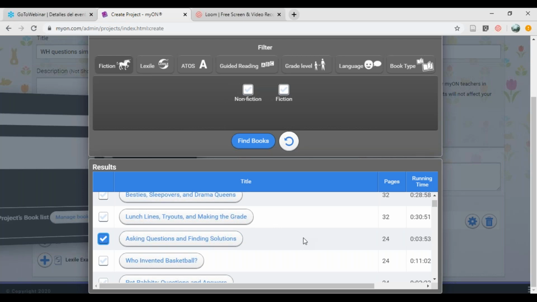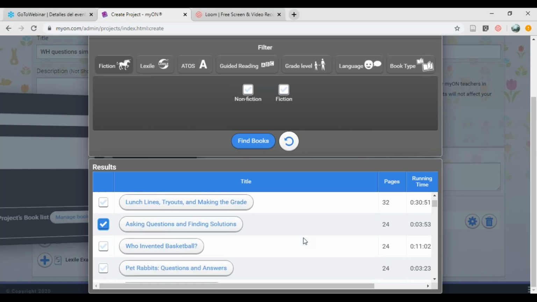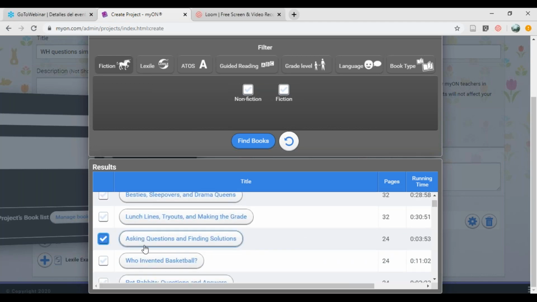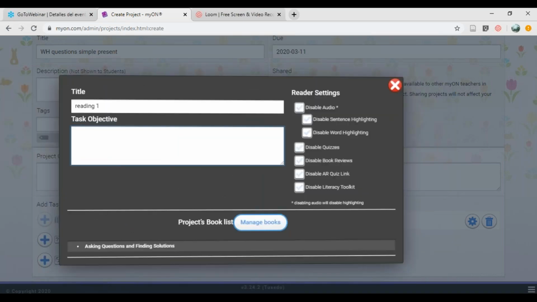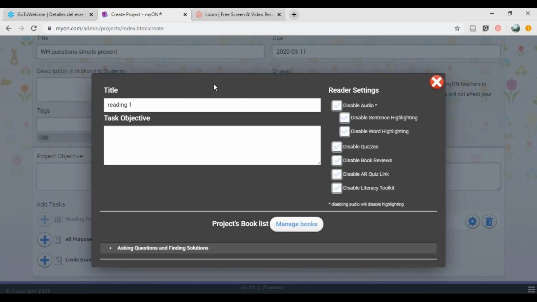In the handout that you have available, there's a full explanation of how to create projects and how to assign books, etc. So now that I did this part, I selected asking questions and finding solutions because that's the book I'm going to work with. I can write here the task objective, read the book and pay attention to the questions.